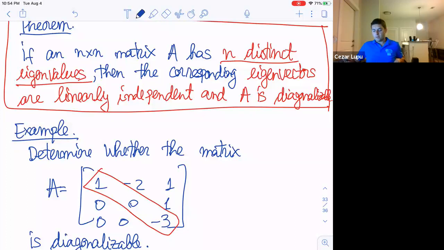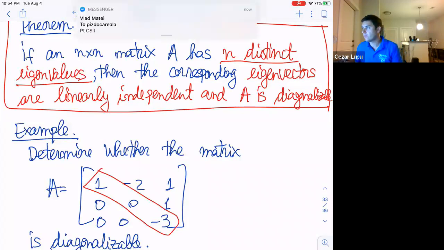The example is the following. We want to determine whether this matrix, and this matrix looks very nice, it's a triangular matrix. And as you can see, the elements on the main diagonal are 1, 0, negative 3.